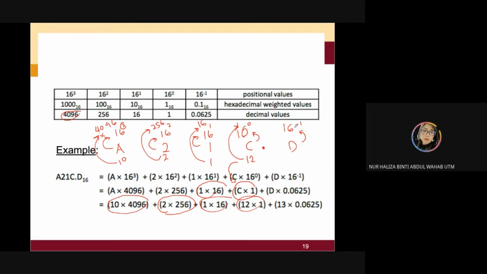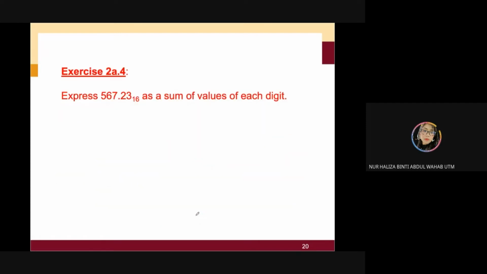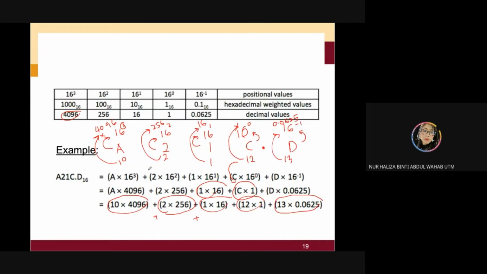And at your right side, 16 to the power of minus 1, and D will be 13. This one will be 0.0625. And you multiply. After you multiply all, you will add all these values.